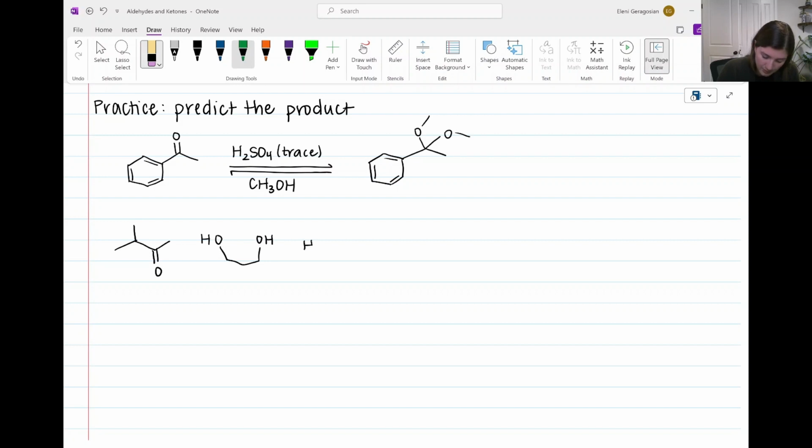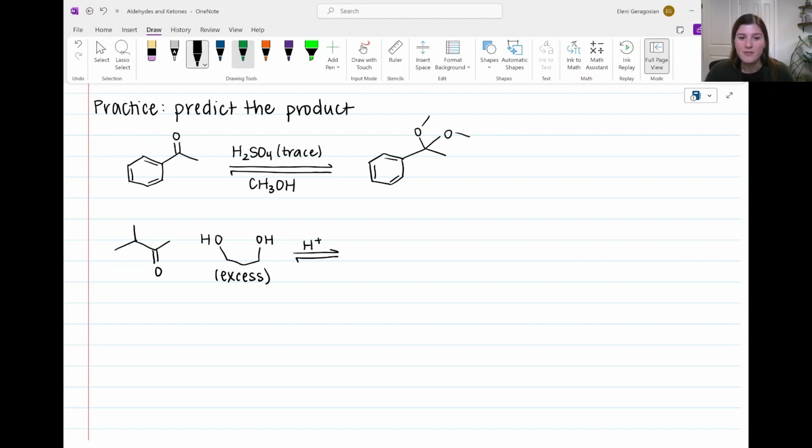And then some acid present in solution. Well, when we go through this reaction, we know that we'll have an alkoxy group from an alcohol, the solvent. We'll say this is an excess. Just like a solvent would be an excess.